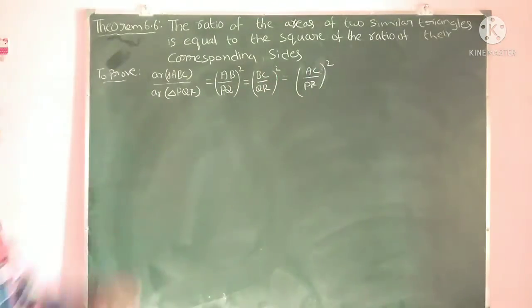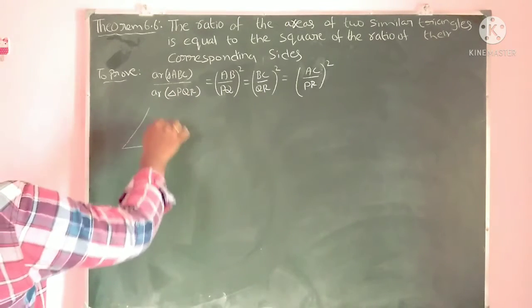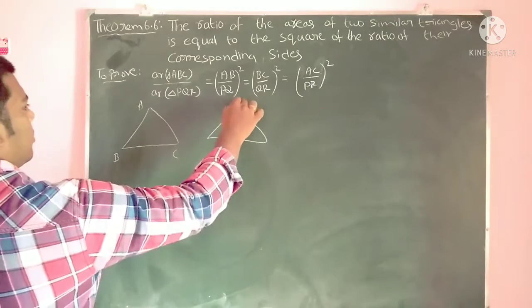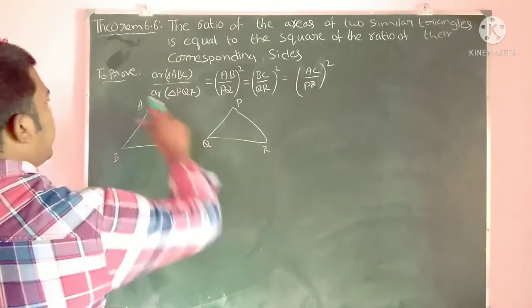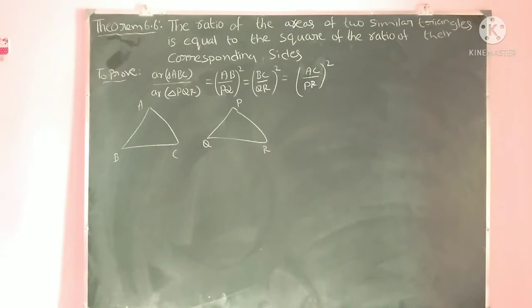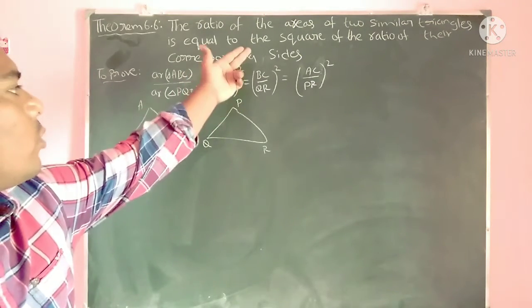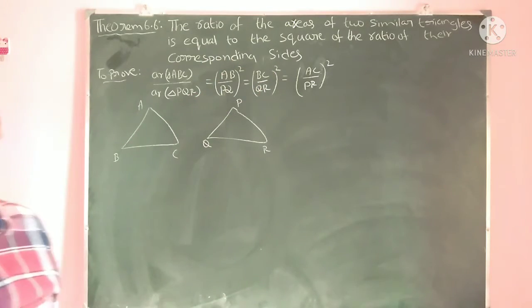So this is the thing we need to prove. If we consider one triangle as ABC and another triangle as PQR, then we need to prove this: area of triangle ABC by area of triangle PQR equals AB by PQ whole square, equals BC by QR whole square, equals AC by PR whole square.